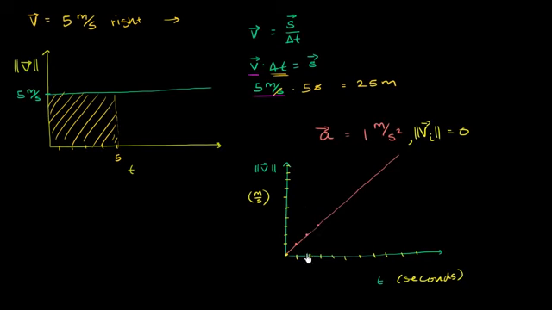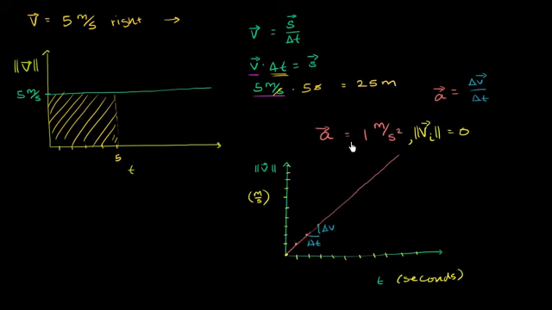We know that acceleration is equal to change in velocity over change in time. Over here, change in time is along the x-axis, so this is a change in time, and this is a change in velocity. So when we plot the magnitude of velocity relative to time, the slope of that line is the acceleration.